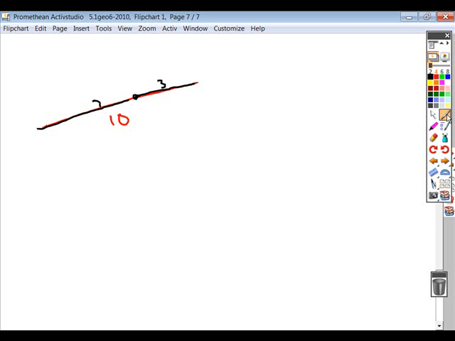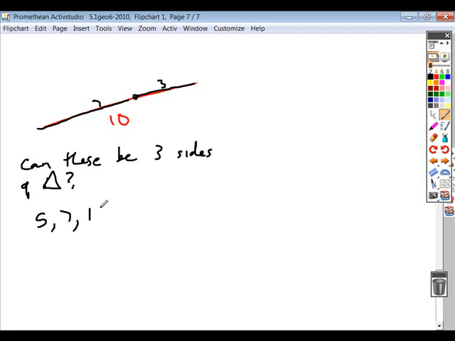So when you find restrictions, there's a couple ways that these are going to apply. One way is it'll ask you, can these be three sides of a triangle? If I gave you sides, can these three be lengths of the sides of a triangle? You take the two smaller sides, add them together. Are those greater than the third side? If yes, then they can form a triangle.